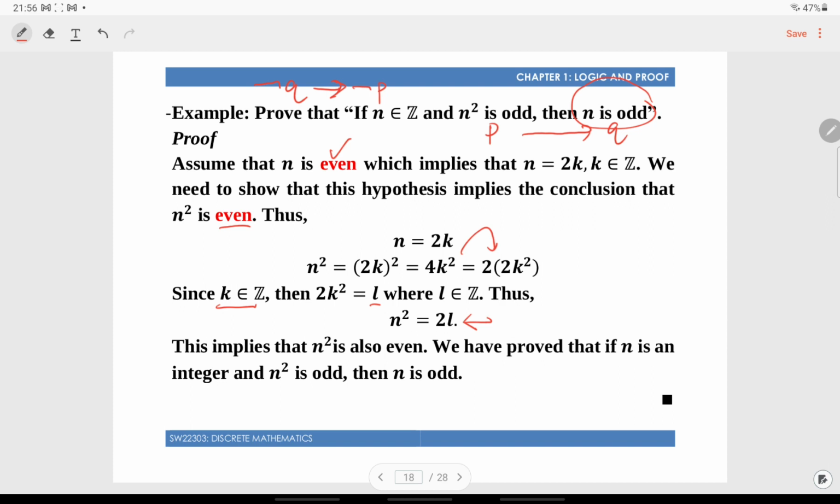So this implies that n square is even. So we have proved that if n is an integer and n square is odd, then n is odd, because we have shown that the contraposition statement is also true.